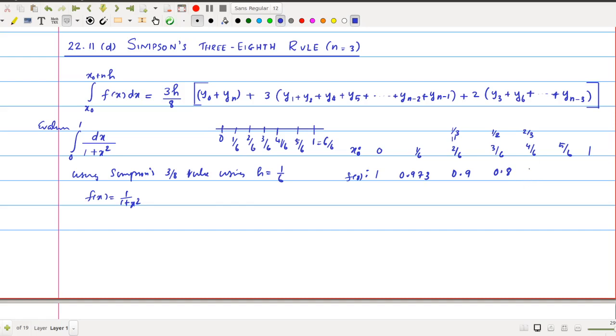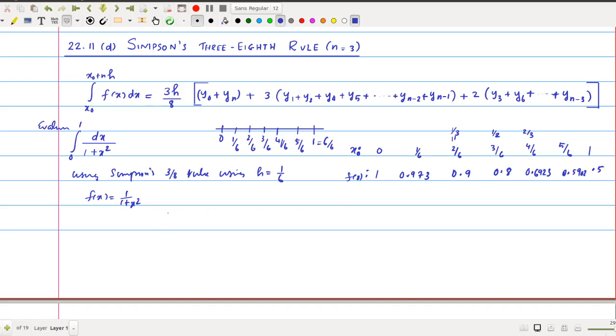Then we have 0.6923 and 0.5902. Finally at 1 we have 0.5. So these are the values.